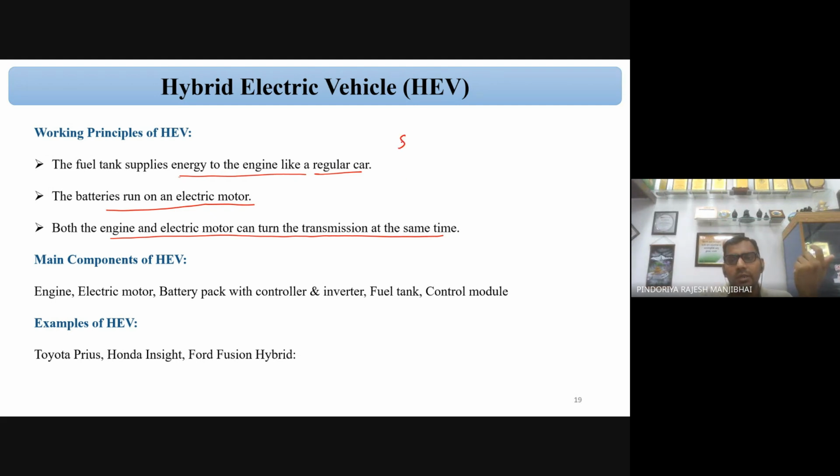And after the starting condition, we use the battery electric vehicle.